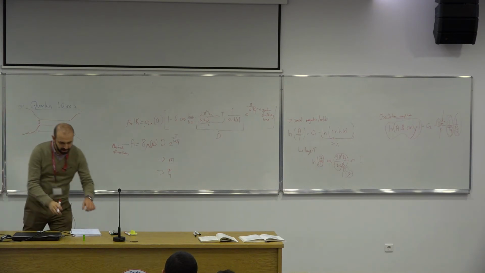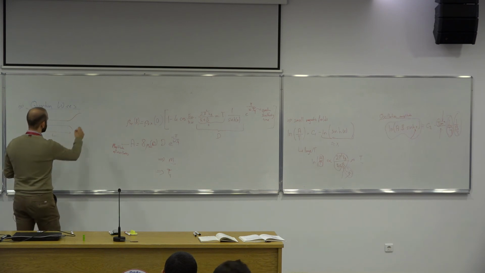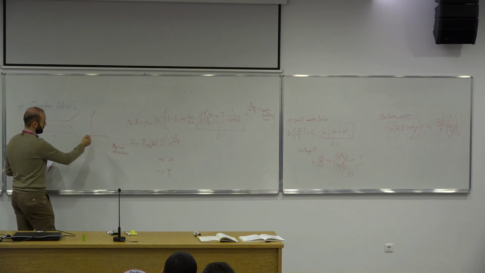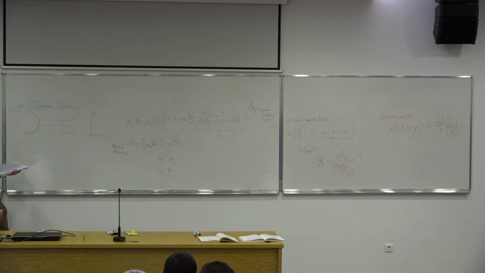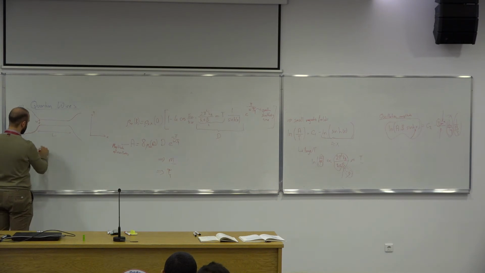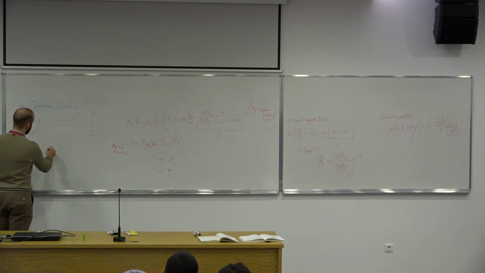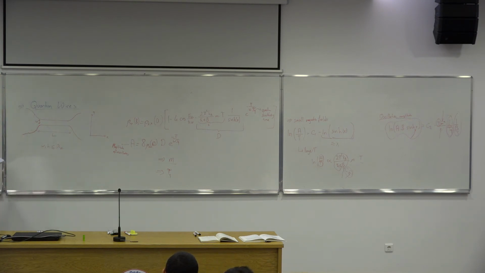let me see which directions I used for the sake of consistency. So this is my y direction, this is my x direction, and out of the board is the z direction. And the confinement, so width and also height, are smaller than the Fermi wavelength that I have. Or you can say comparable as well.